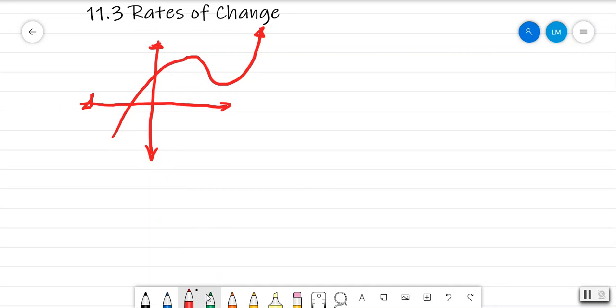So if we were to pick a value, let's say that we just choose one, maybe right here, and we'll just say that that's going to be a value from A, and then we'll just choose another value. So maybe we'll choose another value over here, and let's extend this just a little bit. Okay, so that's going to be B.